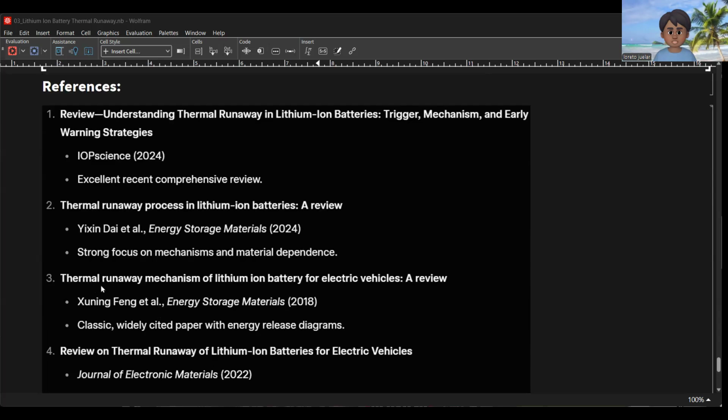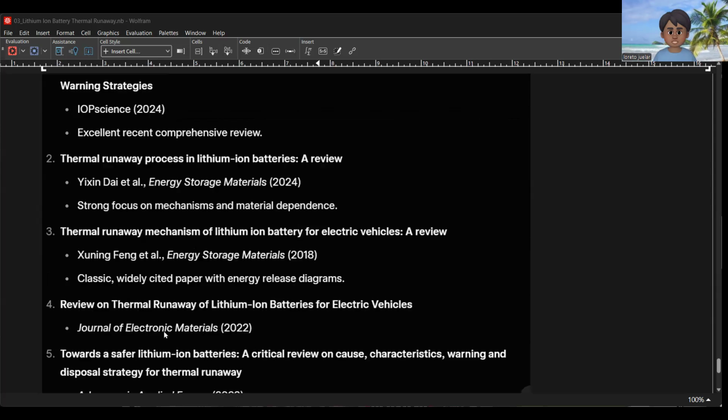Number three, Thermal Runaway Mechanism of Lithium-ion Battery for Electric Vehicles: A Review by Xuning Feng et al., Energy Storage Materials 2018. This is a classic, widely cited paper with energy release diagrams.